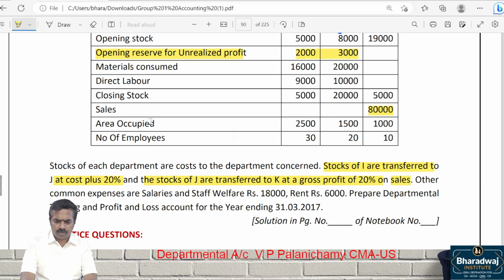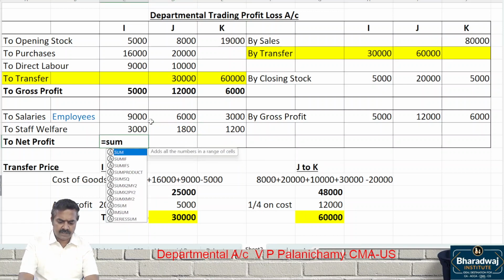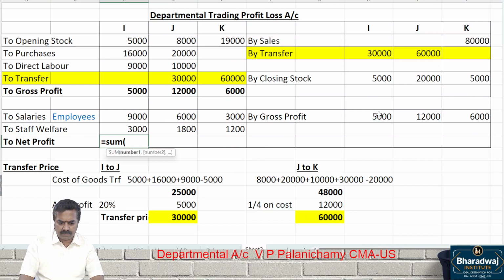Staff welfare also based on, sorry, rent is based on area occupied. 3,000, 1,800, 1,200. Net profit is a balance. Net profit or loss? So first department is loss, second and third profit. First department is 7,000.